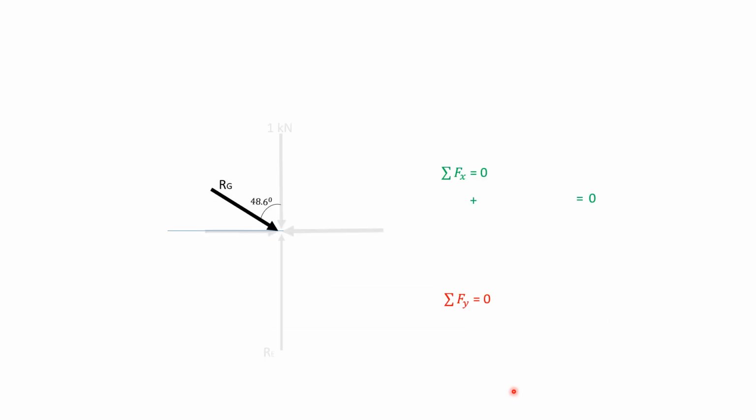Now similarly here, this force is directed towards the negative x-axis, so minus T. The horizontal resolution of RG is directed towards the positive x-axis, so plus RG sin 48.6 equals 0. From this we get the T value, substituting for RG.